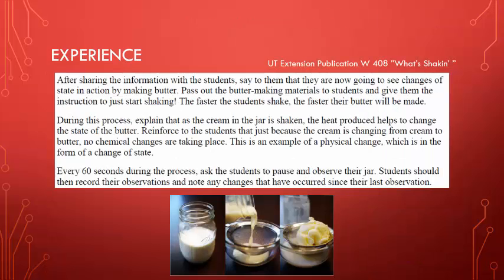In the butter making, the experience is where they actually take those materials and they shake it until they get butter out of their product. In this process, they're also recording data and observations.